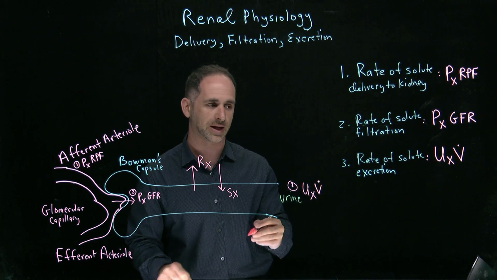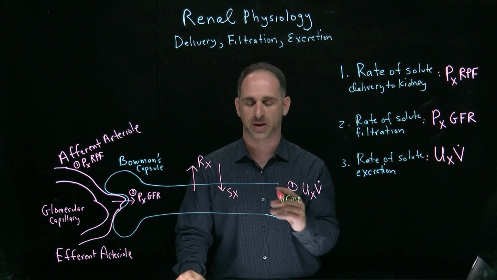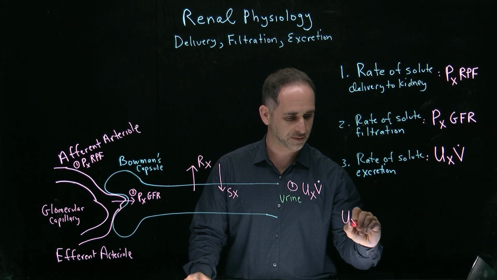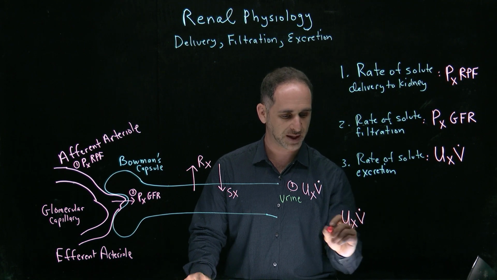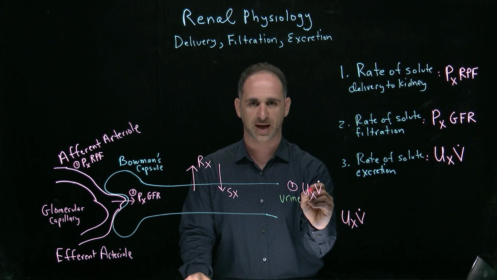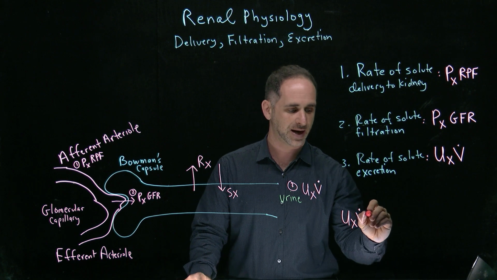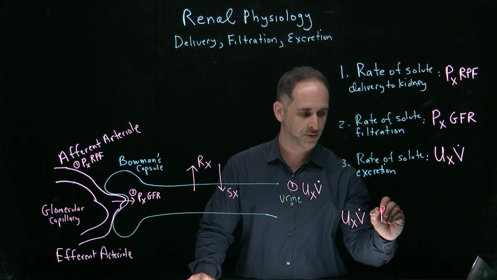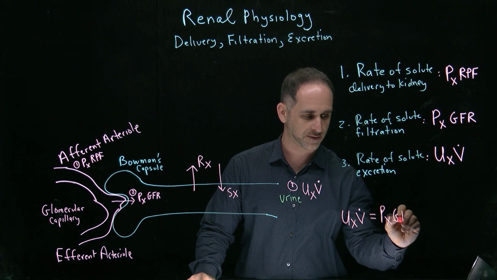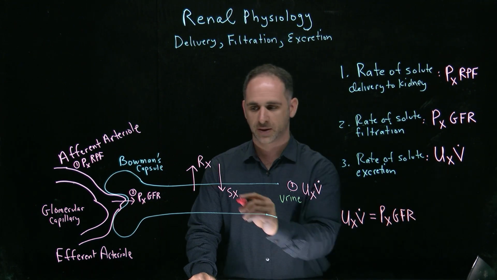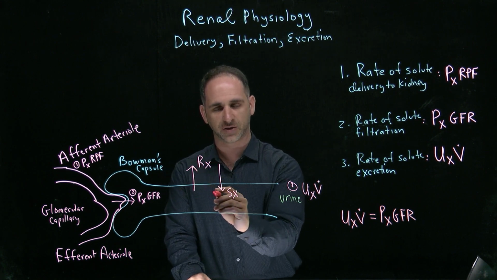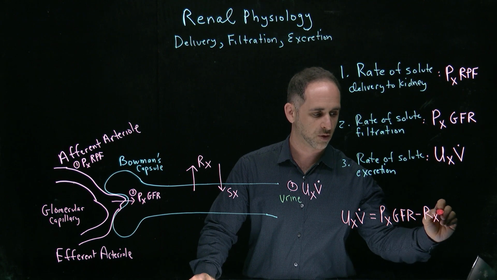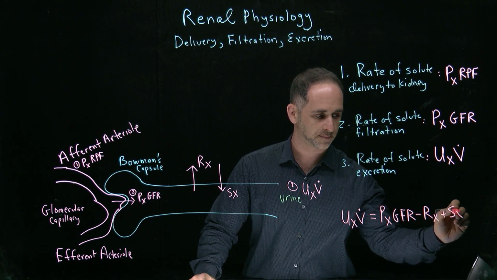So if we wanted to just keep the bookkeeping here, we would say, well, the Ux V dot, that's the amount of substance X that's exiting the kidney, that has to be equal to what came in. So that would be Px GFR. Then you'd have to take into account anything that you'd be subtracting through reabsorption or adding through secretion.